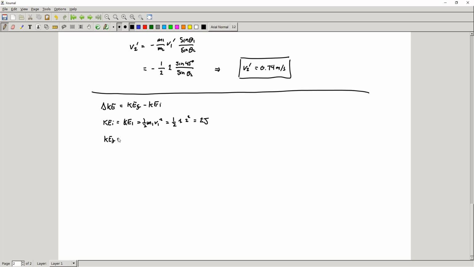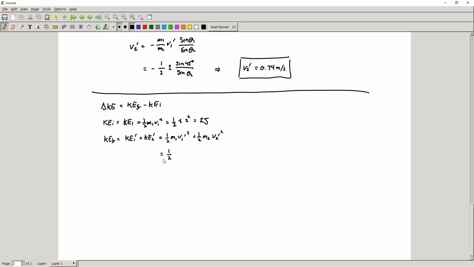And kinetic energy final is going to be the kinetic energy of object 1 final plus the kinetic energy of object 2 final, right? And this is just going to be 1/2 m1 v1 prime squared plus 1/2 m2 v2 prime squared. Okay, and we can just put numbers to that right away.